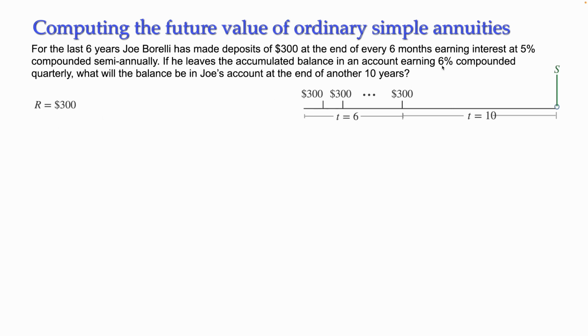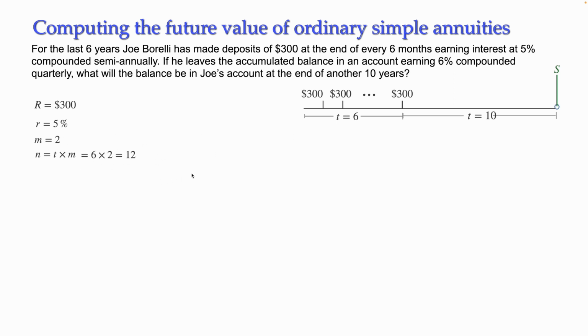Also, we know that the interest at the beginning is 5%, compounded semi-annually. So there are 2 periods per year, so there are 2 payments per year. m equals 2, and the number of payments will be t times m. t, that is 6 years, multiplied by 2 equals 12.